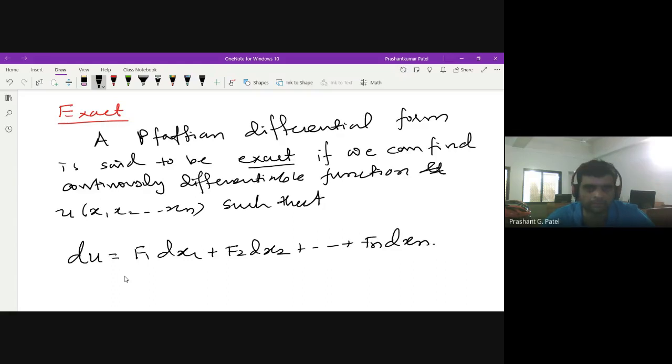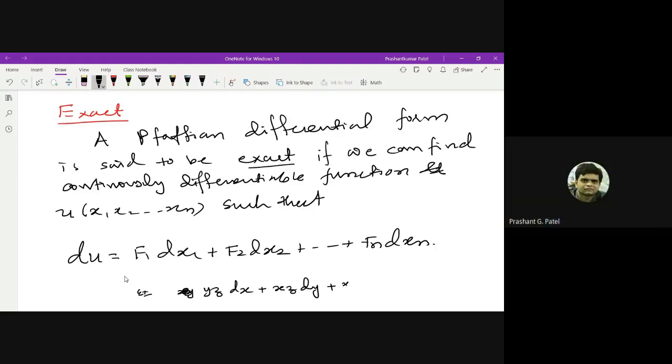For example, consider yz dx plus xz dy plus xy dz equal to 0.